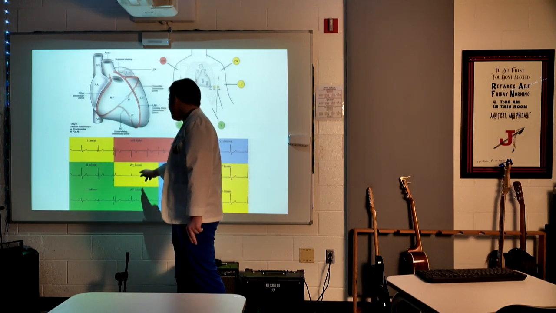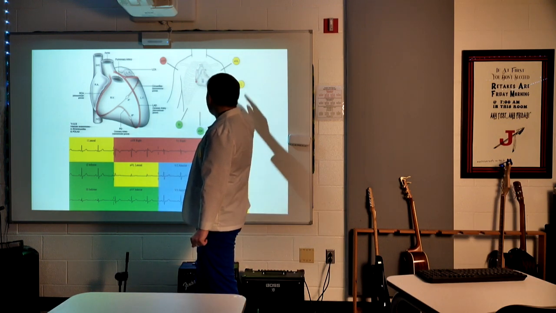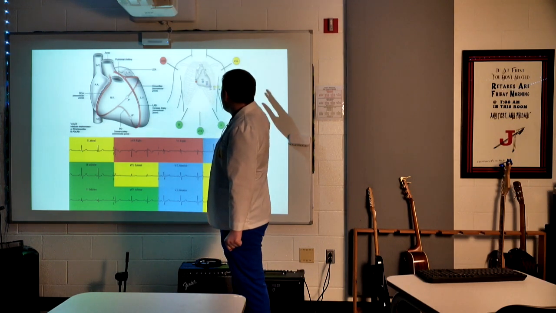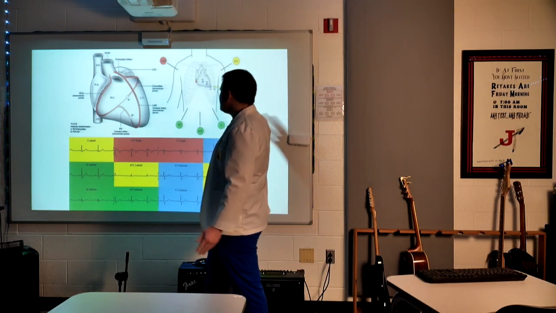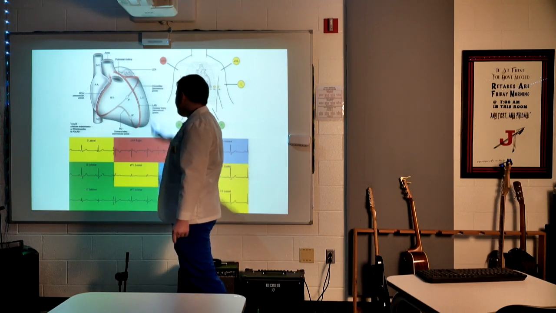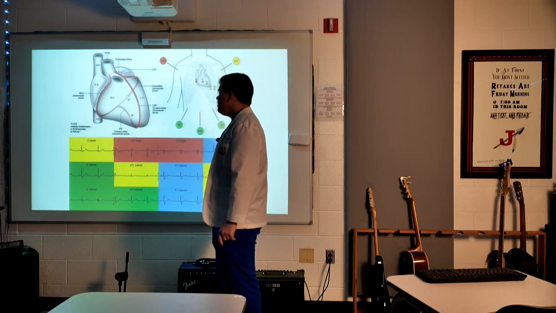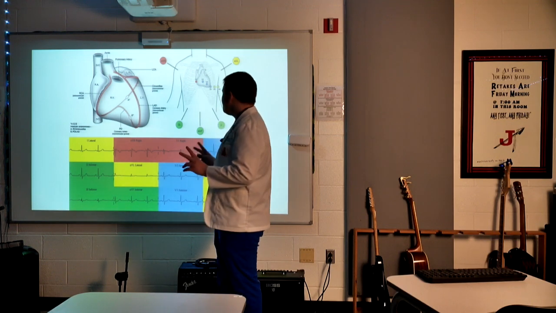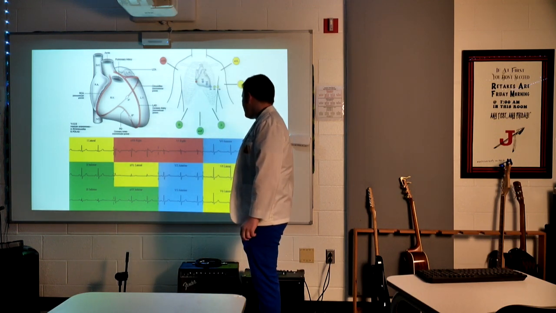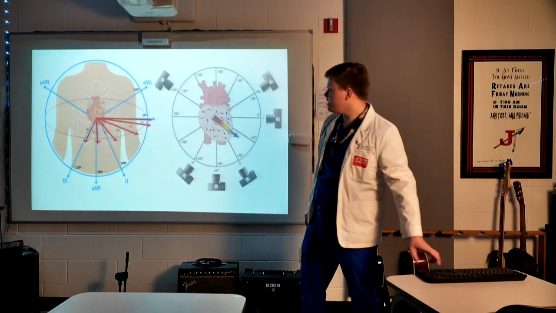And leads 1 and AVL, we know those are on the left side of the heart. So based on the left side, we can think about which arteries would be affected. Is it the LAD? Is it the circumflex? And AVR and V1 are the leads taking pictures specifically of the right-sided electrical activity. And then V2, 3, and 4, just like we mentioned previously.